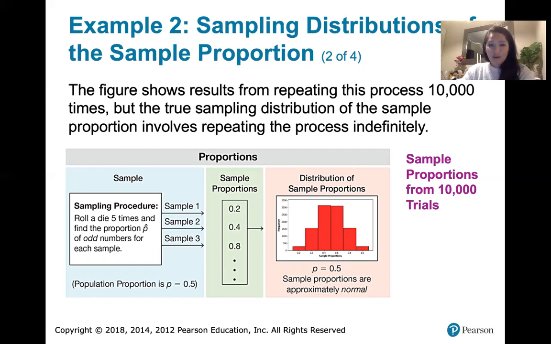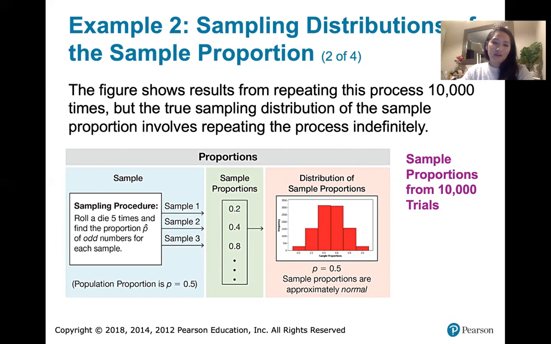Maybe they were all even that time. Maybe you got 1 out of 5 that were odd, or 0.2 as a sample proportion. Maybe you got 2 out of 5 that were odd, so 0.4. 3 out of 5, 0.6. You might have 4 out of 5 that happened to be odd, that's 0.8. Or maybe all 5 were odd and your proportion was 1.